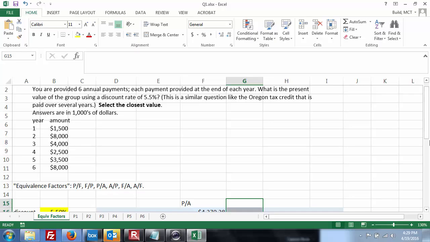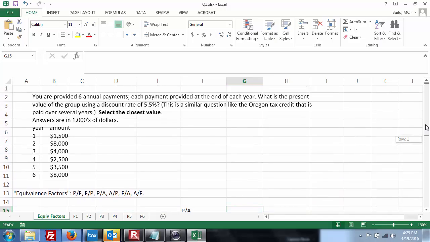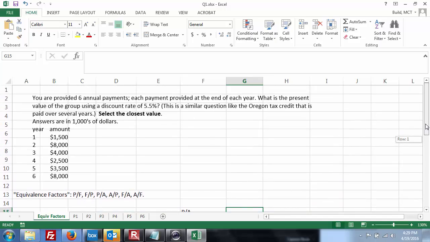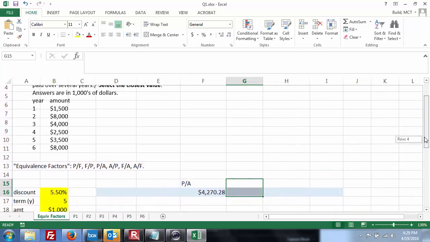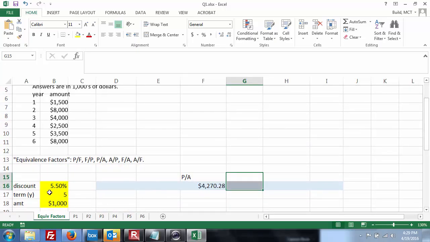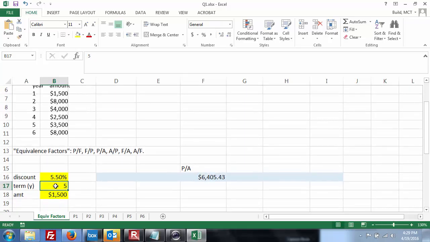Now, let's see, thousands of dollars, what's the present value, 5.5%. So let's just put in 1,500 for the first one. And it's just 1 year.